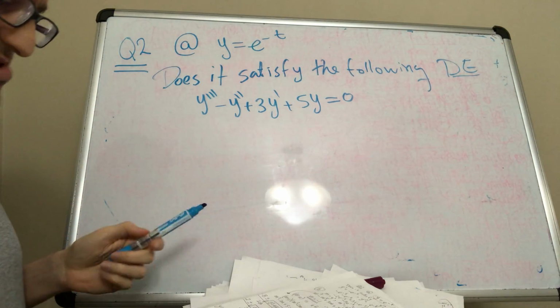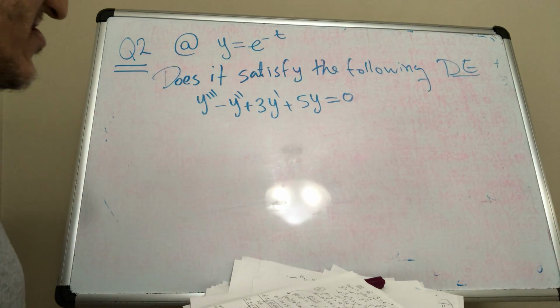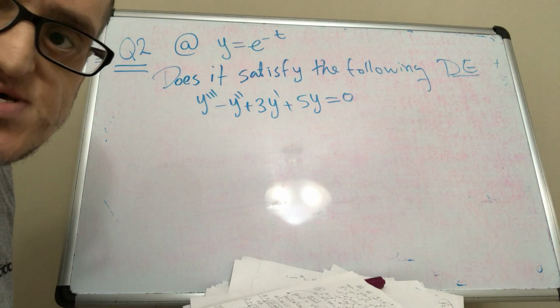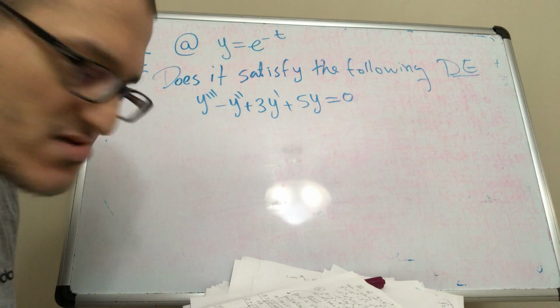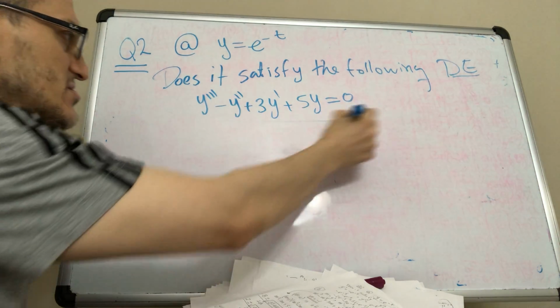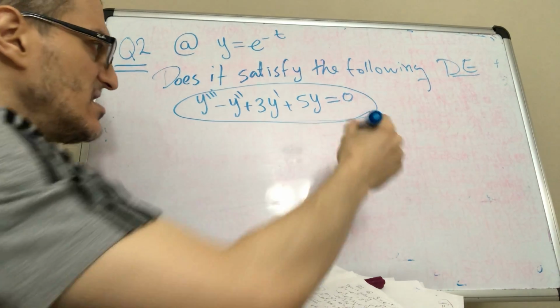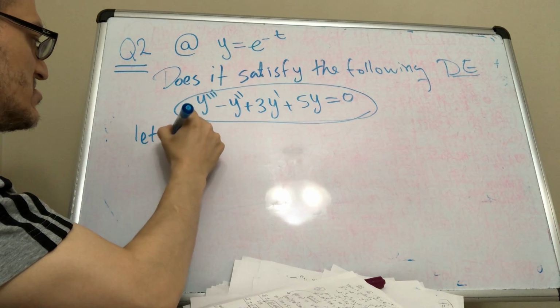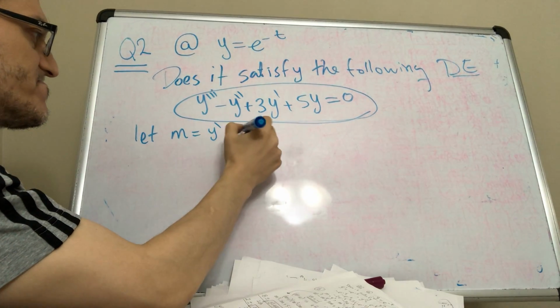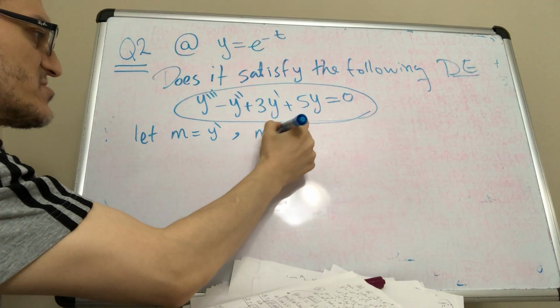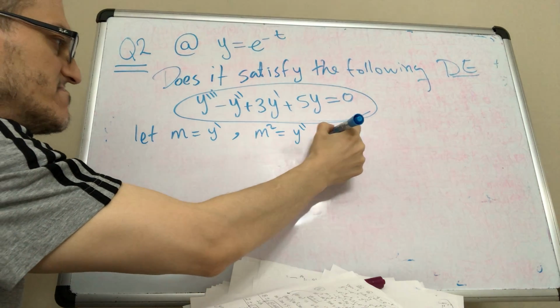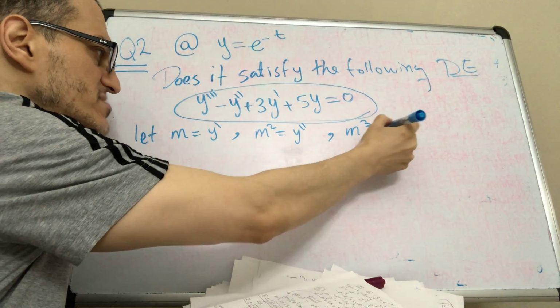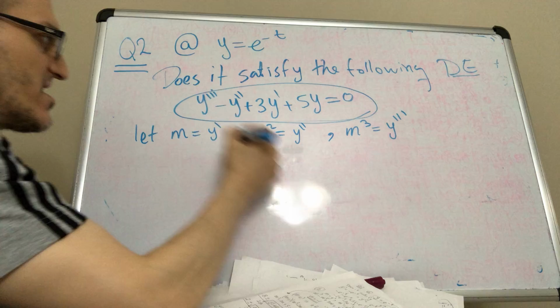So now, once you know that this is one of the answers, the question is, can you figure out the other answers? So we want to solve this completely and get all the different answers. As we always do, let m be y prime. m squared would be double prime, and m cubed would be triple prime.